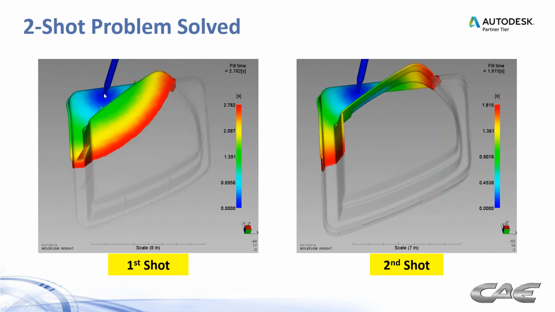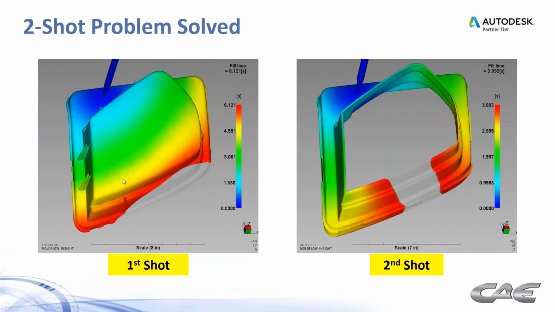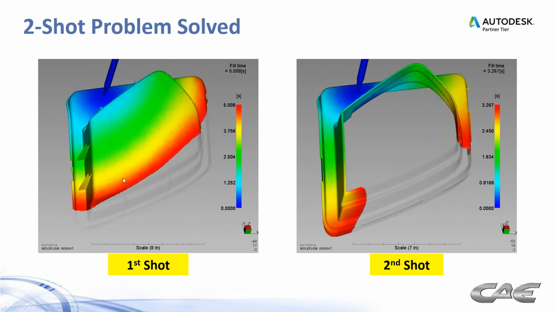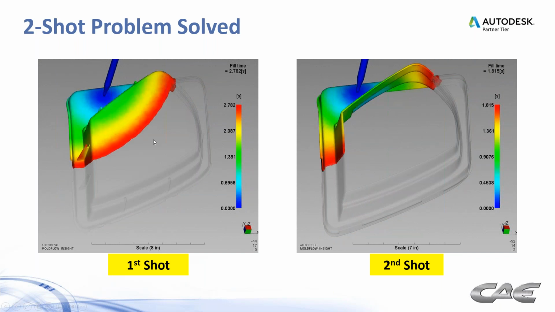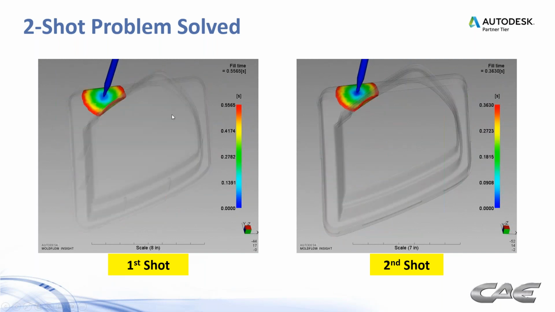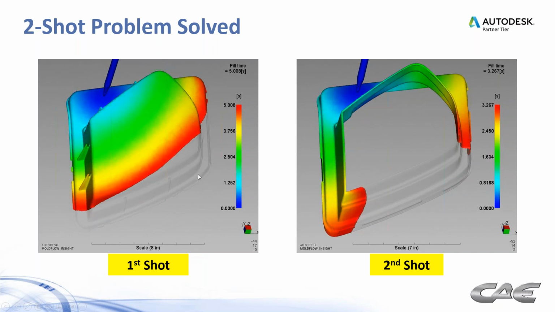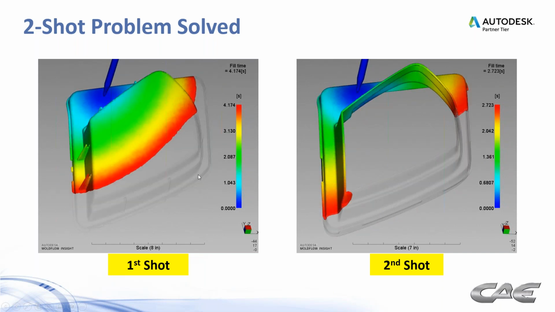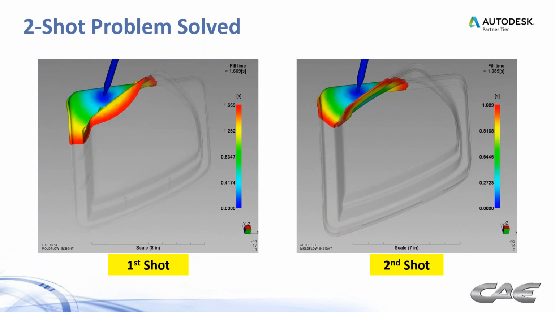In this case, we're able to put it in a position where it's going to be overmolded by the second shot, so it hides that gate vestige, which is a very good thing. We're able to get a reasonably good filling pattern without any kind of air trapping. We have to monitor the pressures and so forth to make sure that this longer flow length isn't causing pressure and/or clamp tonnage issues.